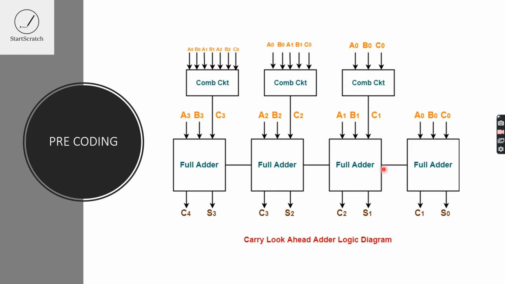In the CLA adder it is just a dash, but in the ripple carry adder it is a wire driving an input for the second full adder, which is an output from full adder 1. Likewise, this wire drives an input for full adder 3, coming from the output of full adder 2, and the same condition applies here.